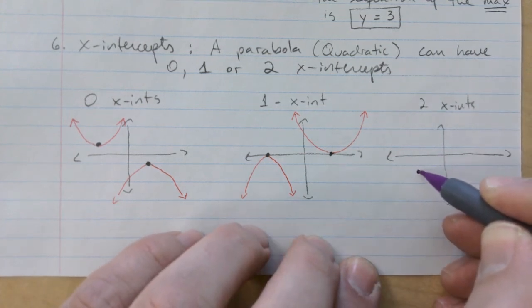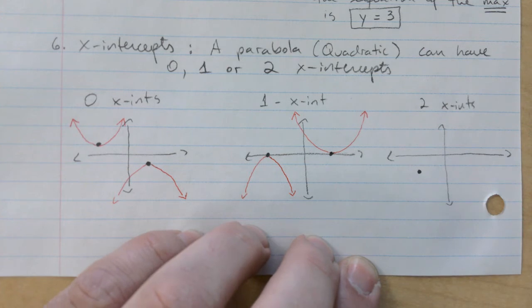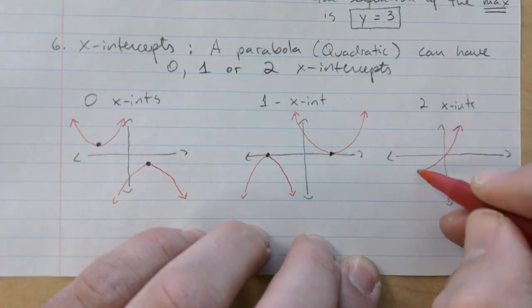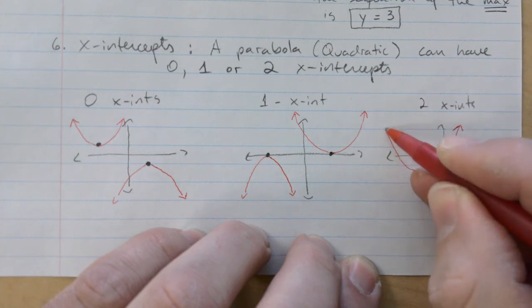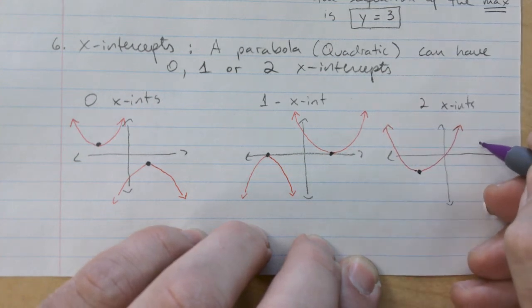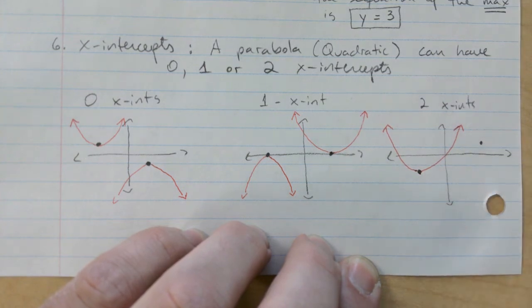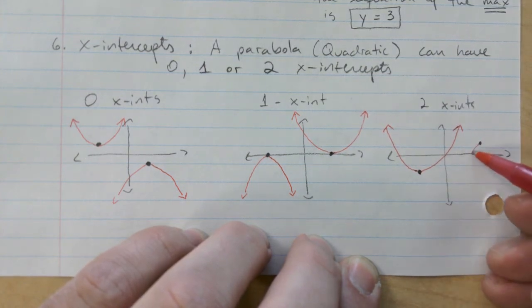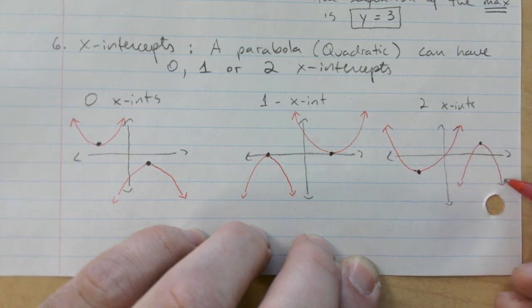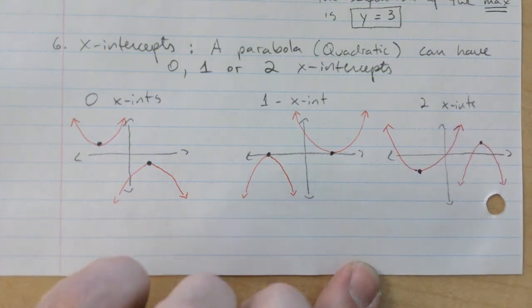The vertex is going to be here, and I'm going to be going upwards and upwards. And then you're going to have an x-intercept here, for example. Let's make that a little narrower. You're going to go this way and this way. Okay.